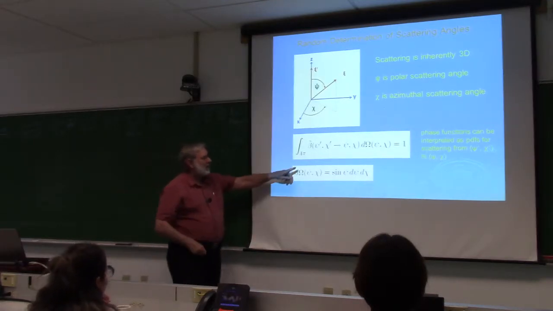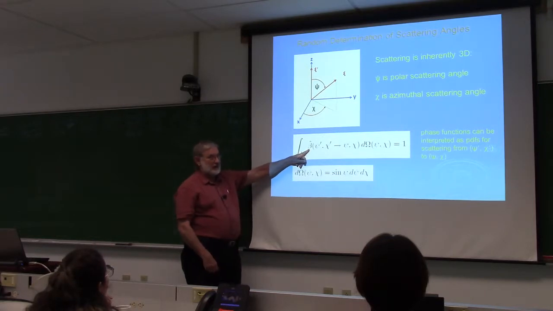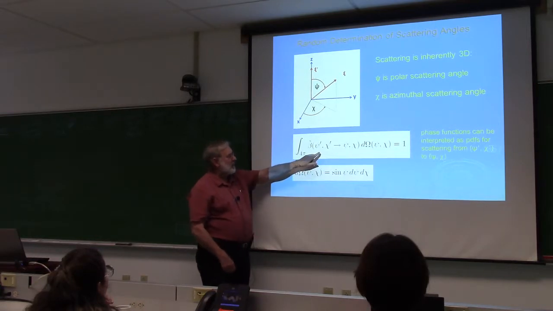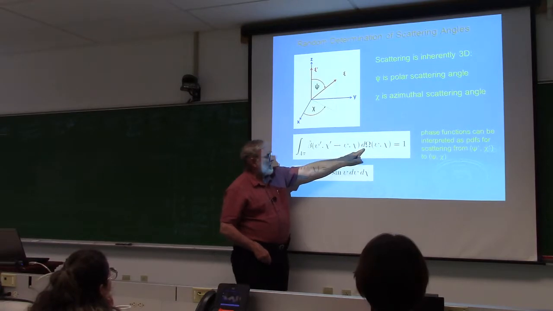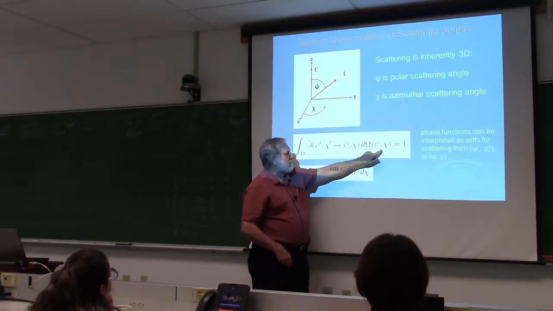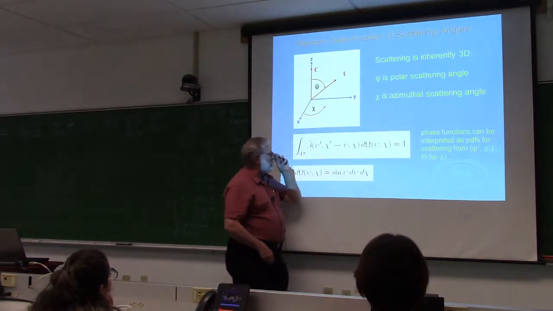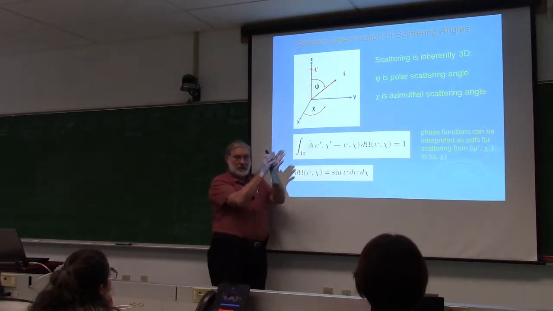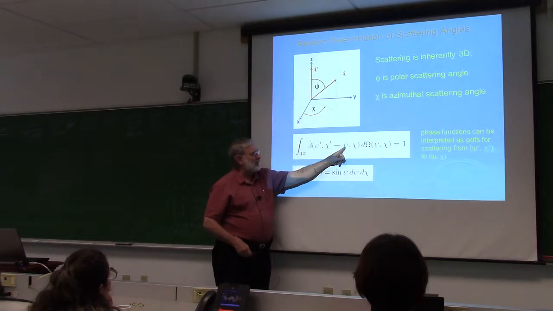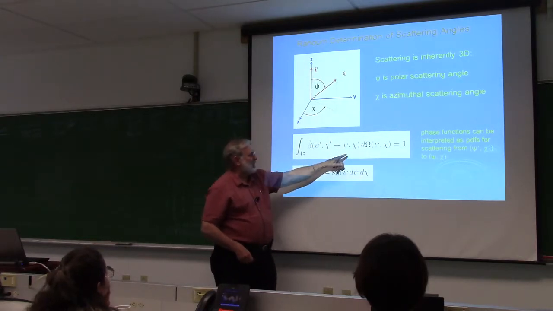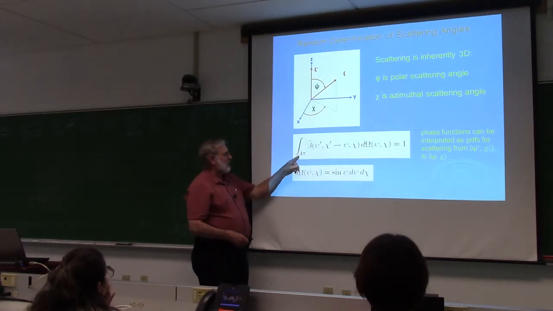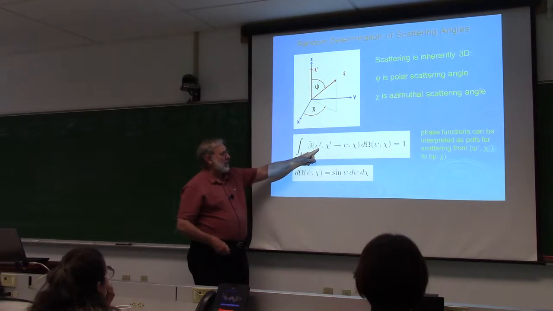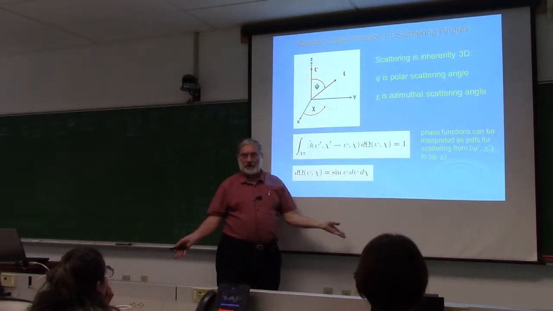So we can take our volume scattering phase function and interpret it as a PDF that takes me from the initial direction to the final direction, and then we're going to integrate that over solid angle, because remember this is scattering per unit solid angle centered on direction psi and chi. So we have to integrate over all solid angles to get a total probability of 1 that this initial direction will be scattered into some direction, whatever that is.